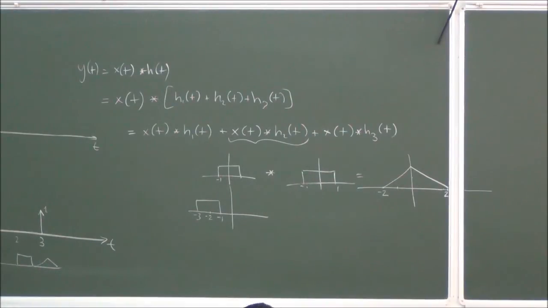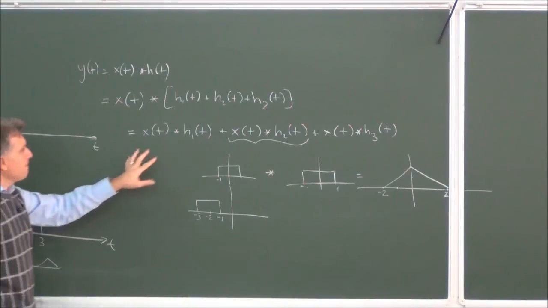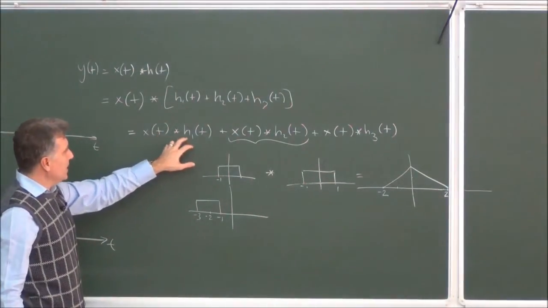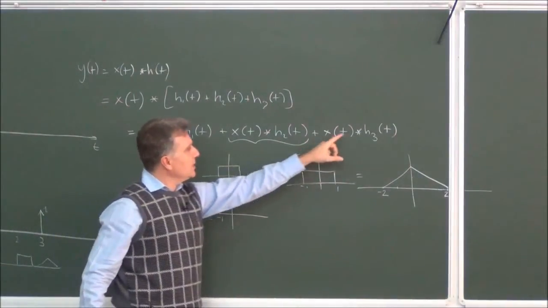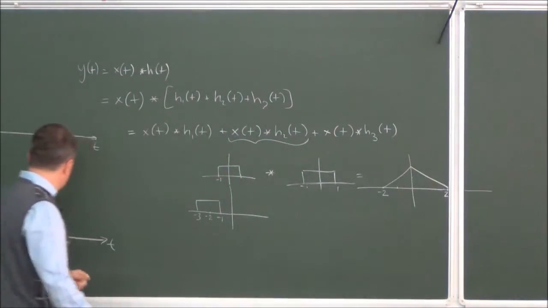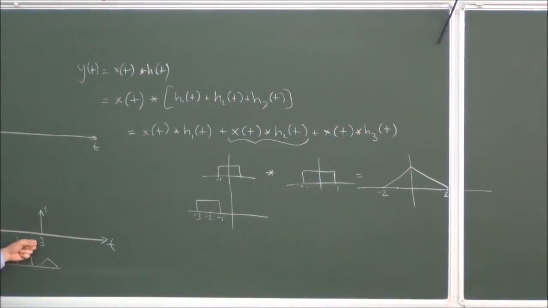But of course we need other convolutions as well. X with h1, which is this impulse at minus 3, and x convolution with h3, which is another impulse at plus 3. So how are we going to do that?